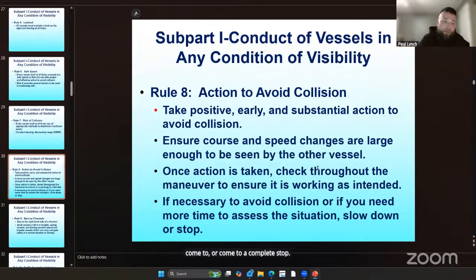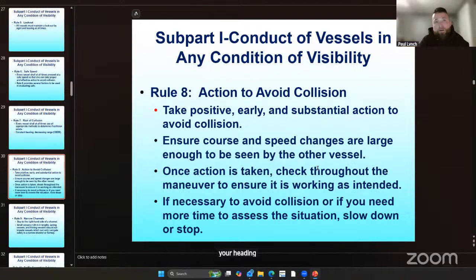The terminology that I already mentioned a little bit in the previous class, and you learned a little bit about in deck general, is the term bare steerage way. That's the minimum speed at which you can maintain your heading. It's not the slowest speed that your boat can go. It's how slow you can go while you're maintaining your heading.